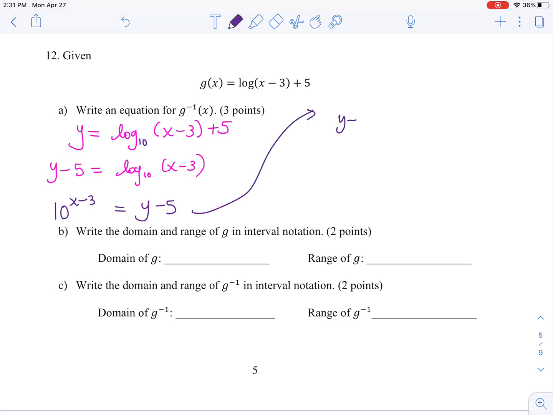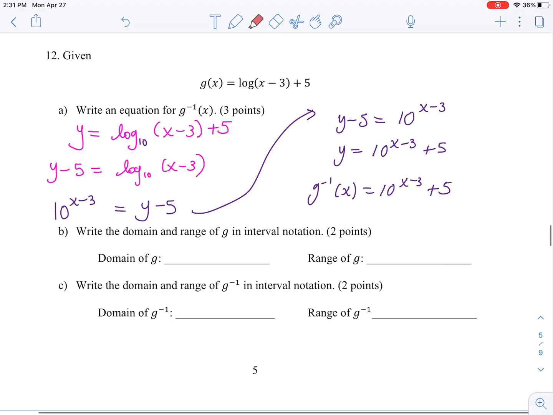So y minus 5 equals 10 to the x minus 3 power. If you add 5 to both sides, you get 10 to the x minus 3 power plus 5 is y. Therefore, g inverse of x equals 10 to the x minus 3 power plus 5. That's how you will find the inverse function of a common log function.